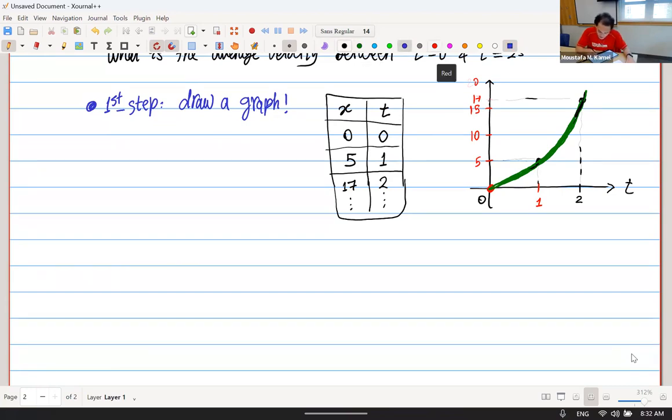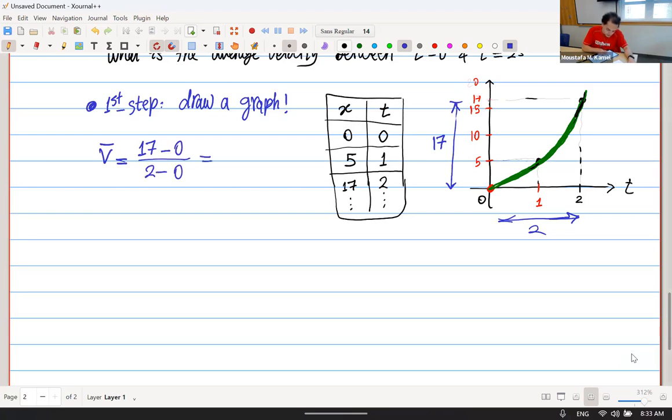So here, the rise is this part, which is 17, like from 0 to 17, and your run is 2, right? So the average velocity in this case is 17 minus 0 over 2 minus 0. So this is 17 over 2, which is just 8.5 meter per second.